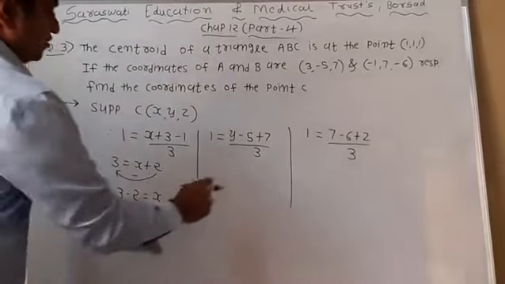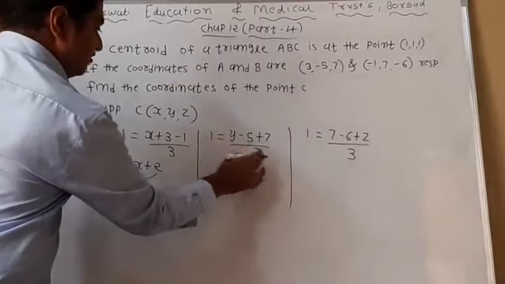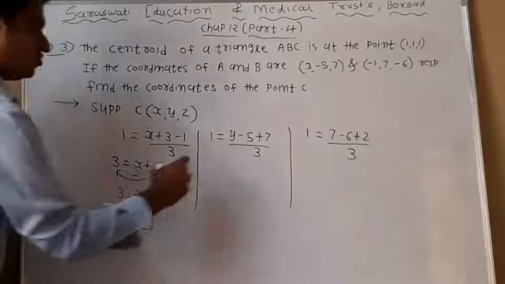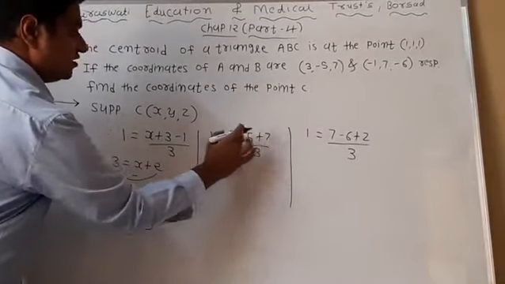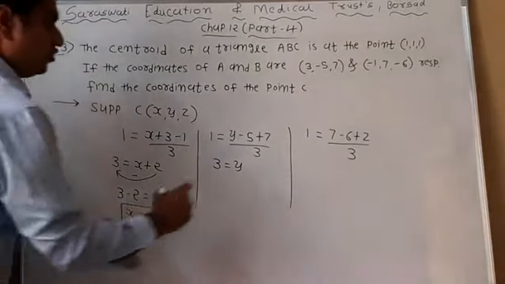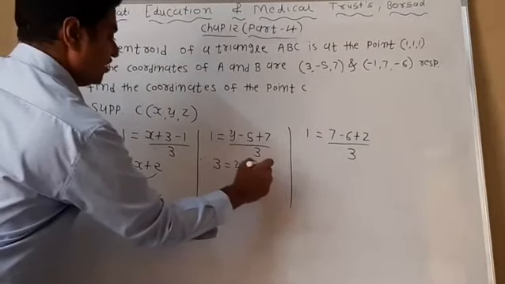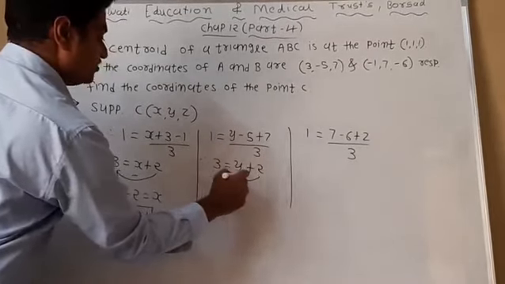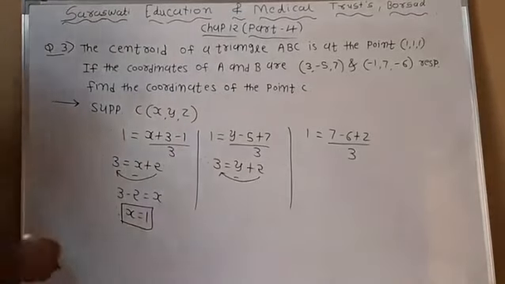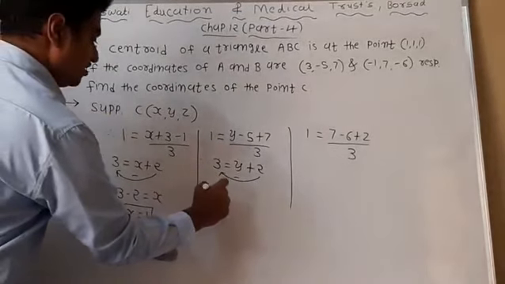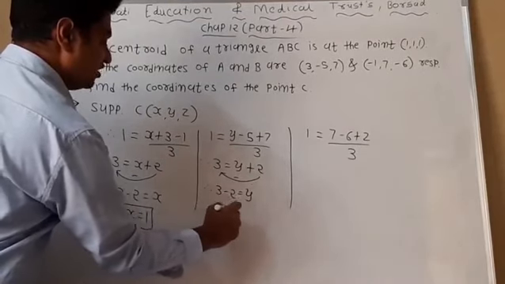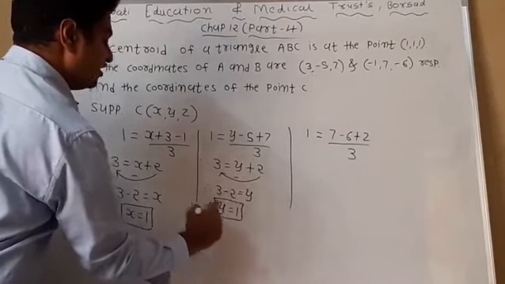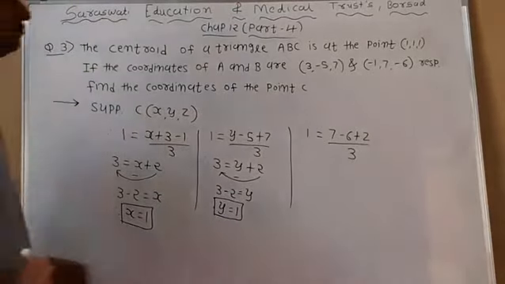Now similarly, 3 multiplied by 1, so again we write 3 is equal to y + 7 - 5, which means y + 2. Again move the 2 to the opposite side and change the sign. So 3 - 2 is equal to y, so we get the y coordinate equal to 1.